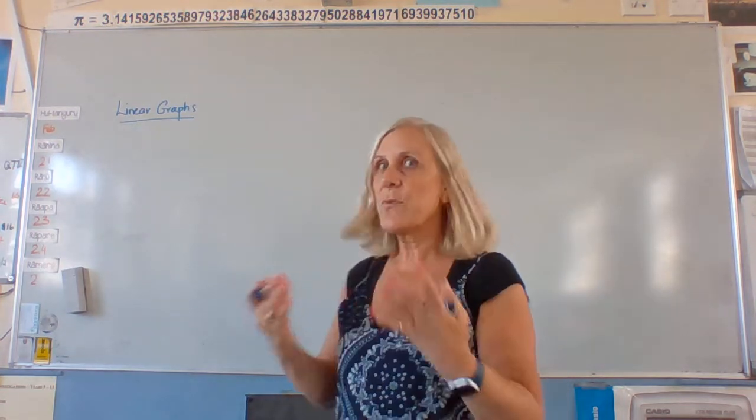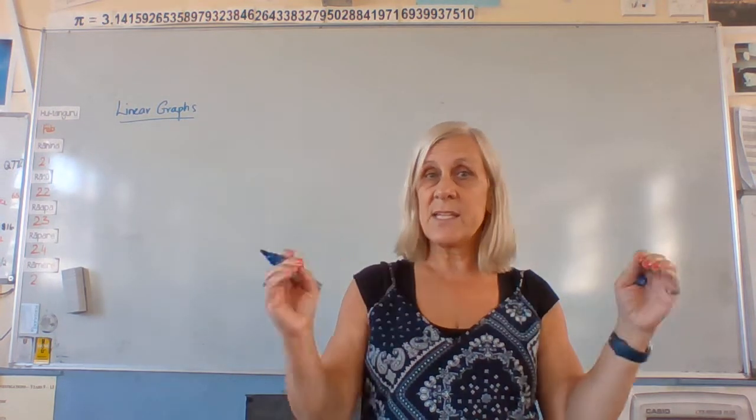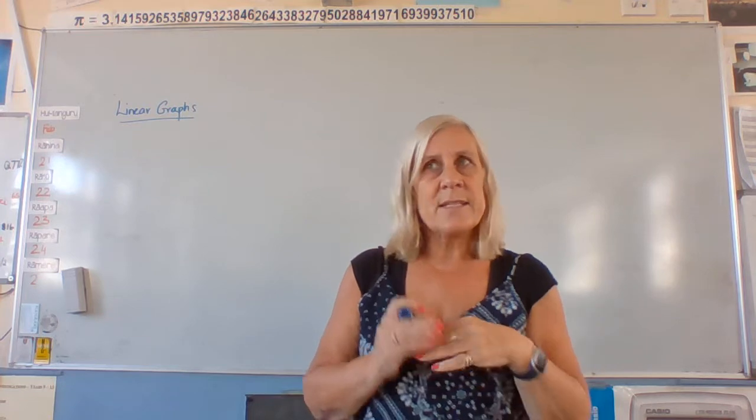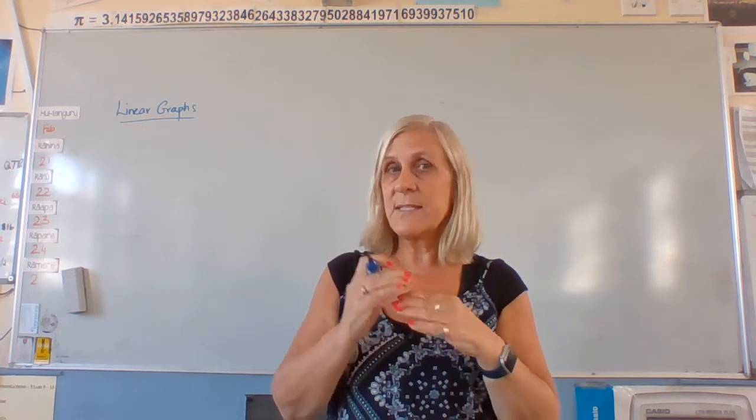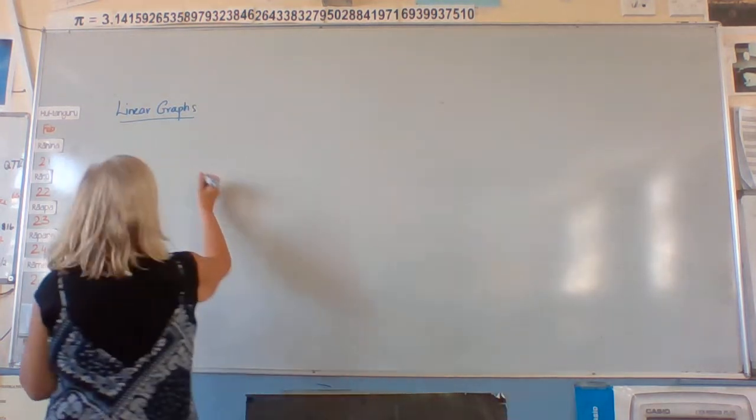So to start off with, remember that we have an x and y axis, and our labels for mathematical graphs need to be nice and even, and it doesn't matter if one of the axes has a different step to it. So let's have a look.